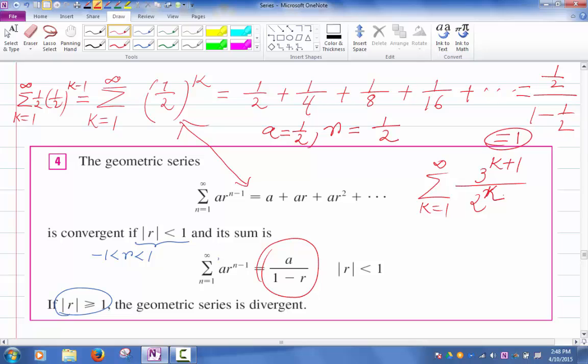Well, the best thing to do is figure out what's going on with the terms. First of all, the way I'm going to think of this is k going from 1 to infinity, 3 times 3 to the k divided by 2 to the k, like this. Can I think of this like this?